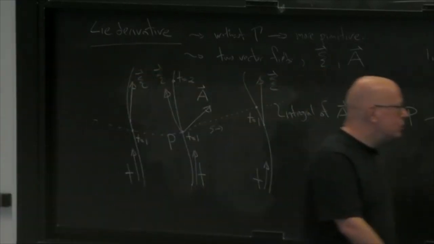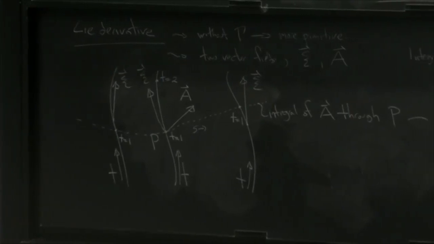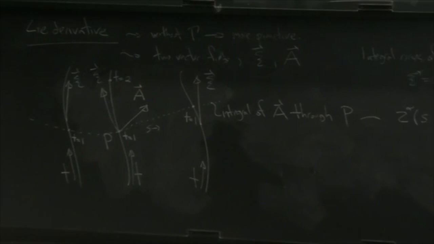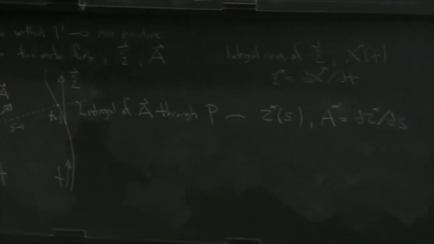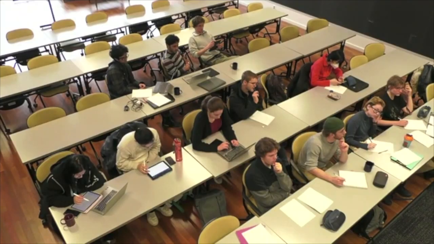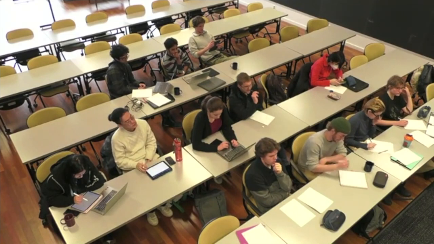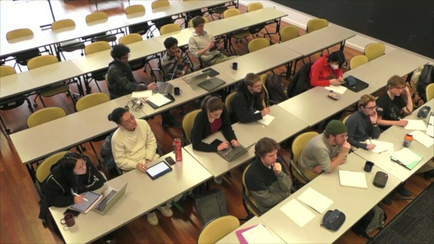We're going to do the next step. And bear in mind that what I'm trying to do here is to find a way to compare two vectors that initially are at different points by bringing one of them to the same point. So that's the whole point of the exercise, to come up with a derivative operation that is legitimate, but without introducing a connection.